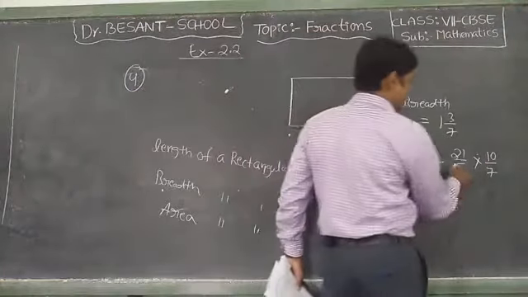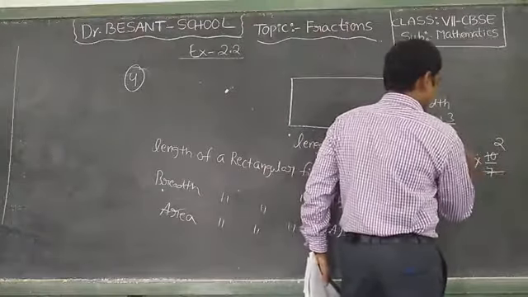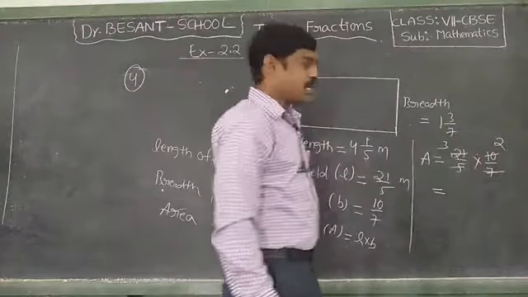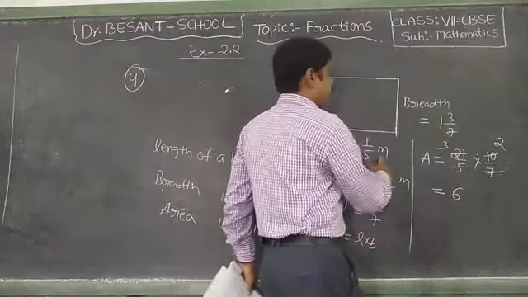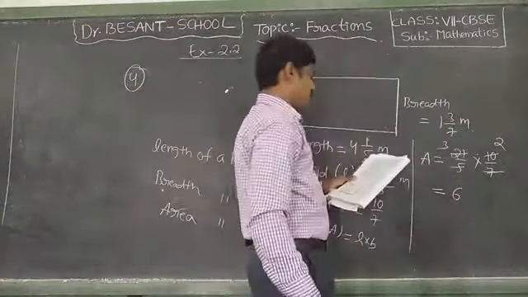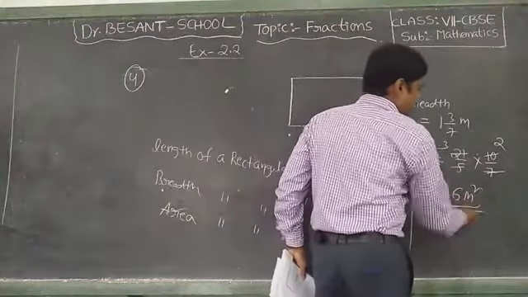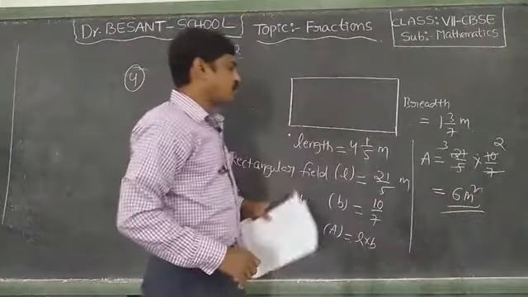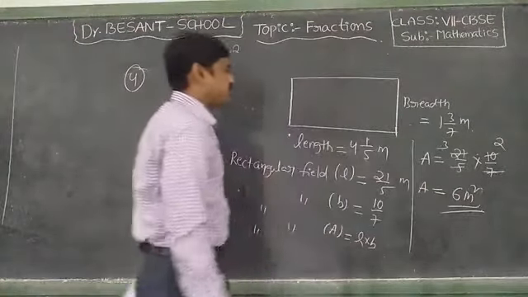So simply 5 2s are 10, 7 3s are 21. So 3 2s are 6. Here meter, this is also in meter, so that's why square meter. So area of the rectangular field is equal to 6 meter square.